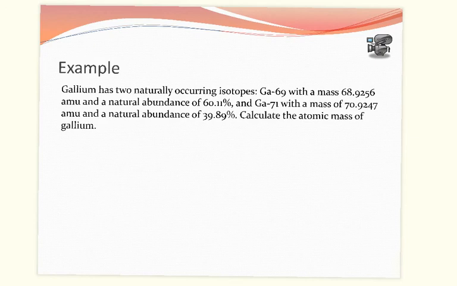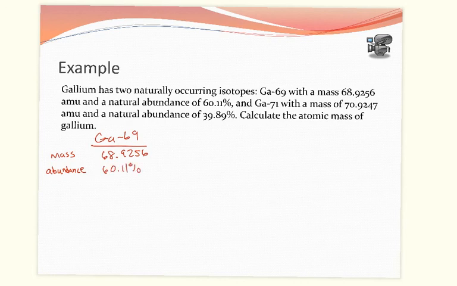Okay, so we saw that gallium-69 has a mass of 68.9256 and abundance of 60.11%.